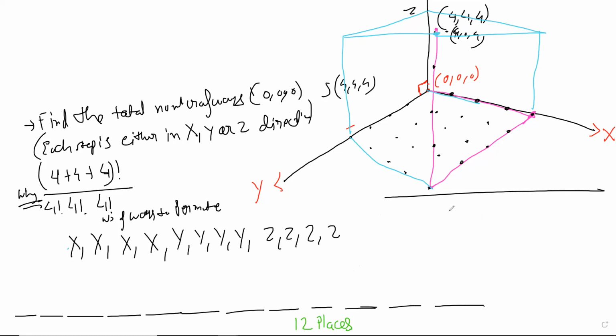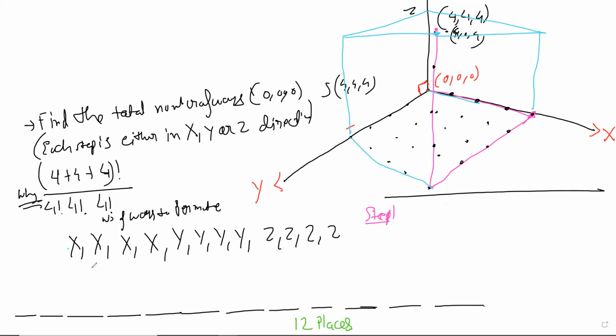So see, the way we had done that previous one, we just asked that from 12 places, we want to select 4 places for x. That's all, right? In the earlier step you were choosing a place for one of the x's, and then you do that for the next x and so on.